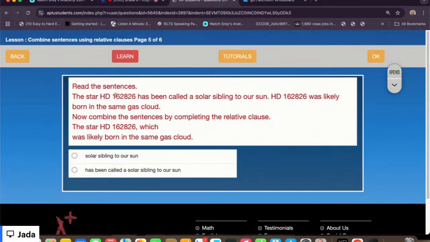So the star HD 162826 has been called a solar sibling to our sun. HD 162826 was likely born in the same gas cloud. So you have to combine the sentences by completing the relative clause. What will be the right answer here?